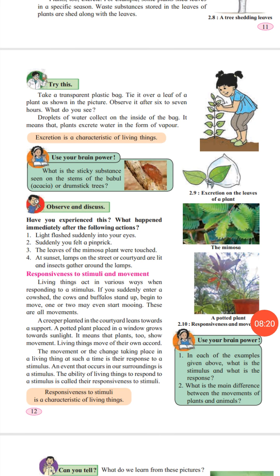So students, in this video we have completed two more points. First is excretion. We have seen different types of excretion in animals and plants also, right? And responsiveness to stimuli and movement, we have seen different movements and different responses also.